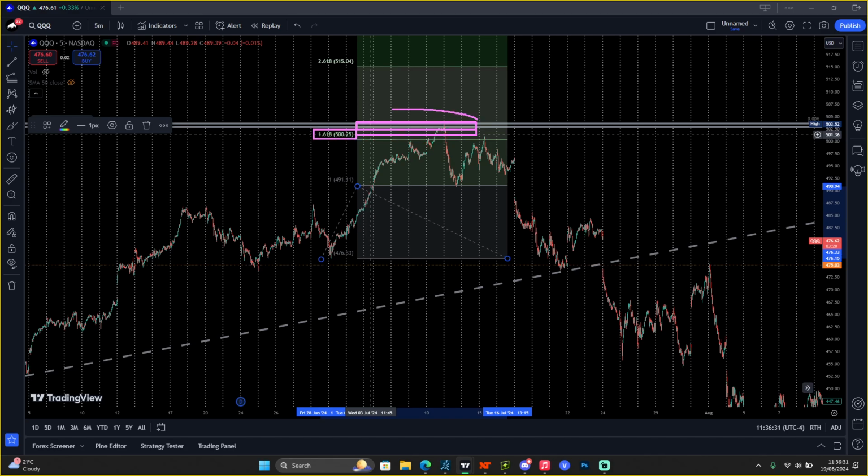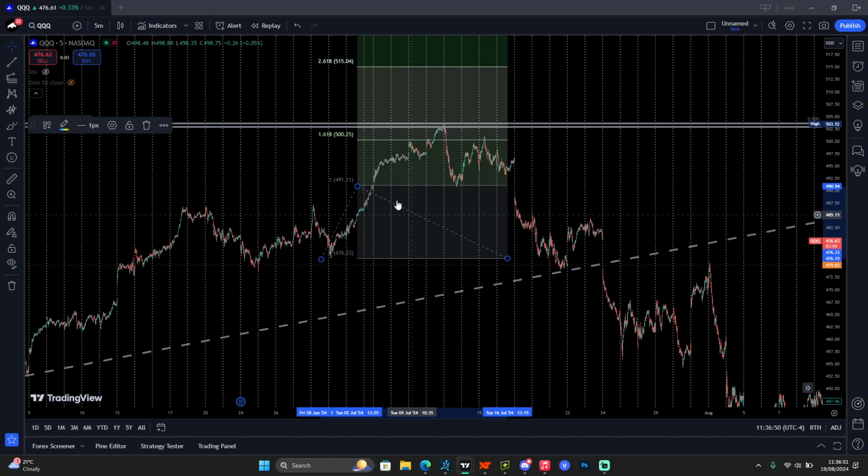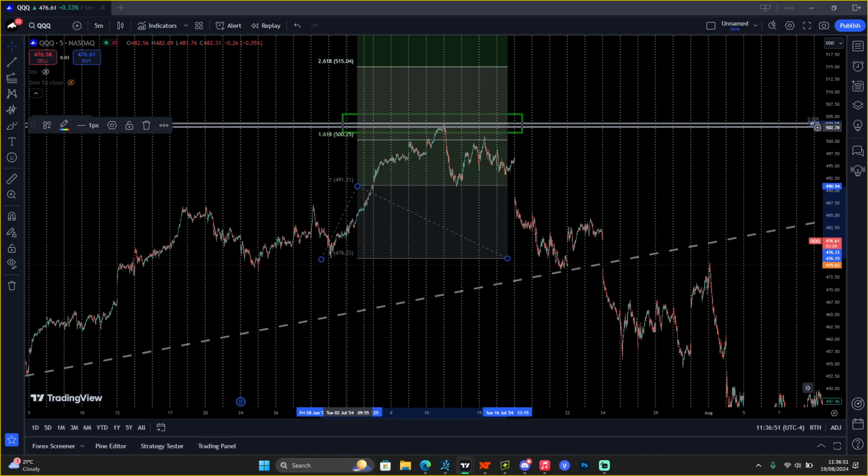Now that's your kind of area you could use as a resistance to then short. So again, I would normally use them in conjunction and not the only thing, just because they are subjective, which again means that you may draw them very differently to someone else. It's not going to be the exact same. But a 200 SMA is going to be the exact same for every person using it if they're using that same time frame. For example, a 5-minute 200 SMA, everyone's going to see that the exact same.